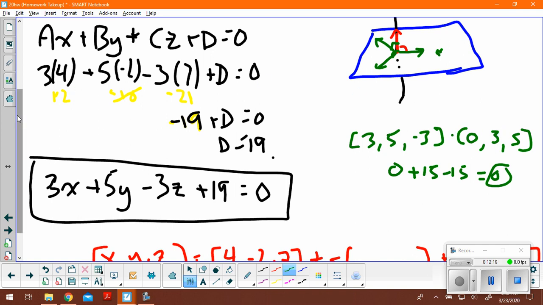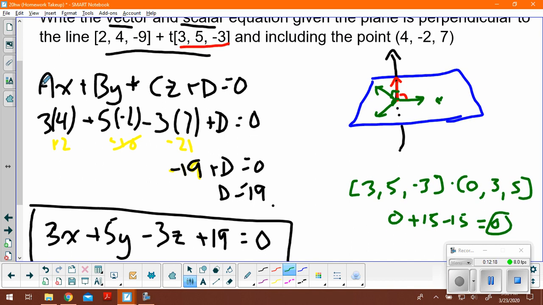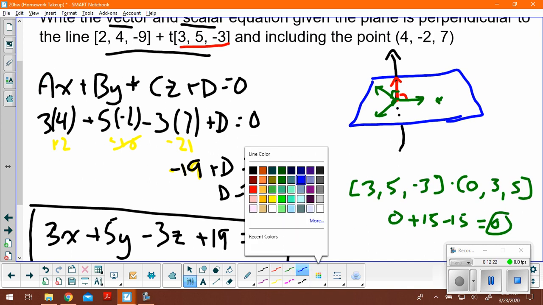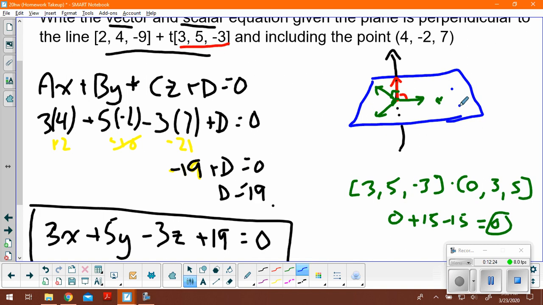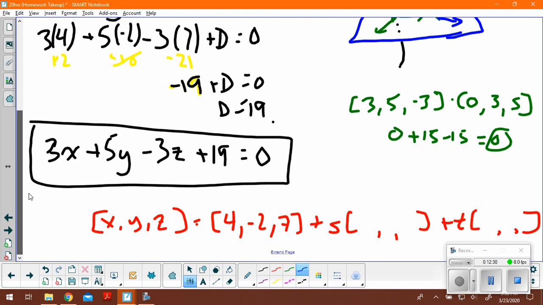Another way we could do it would be to generate some additional points on the plane, so try to create 2 more points and then run direction vectors between those 2 points. If I go back to the scalar form of my equation, similar idea, I can just pop in a couple of numbers and see what the third one comes out to, and then go from there.